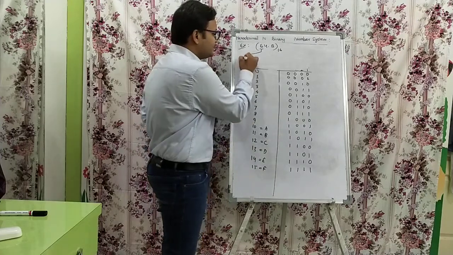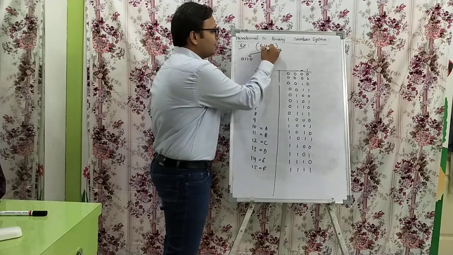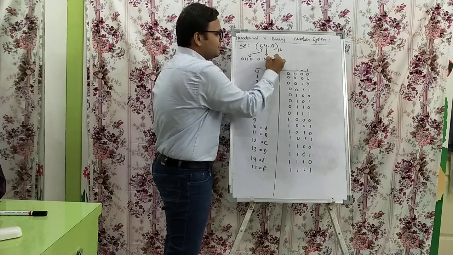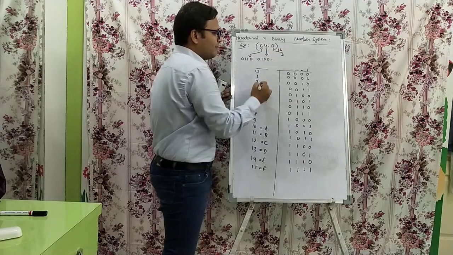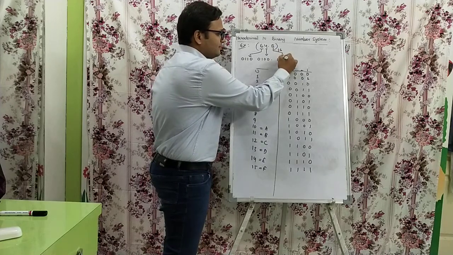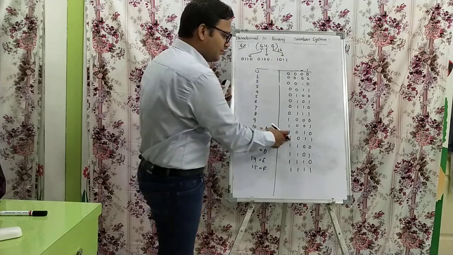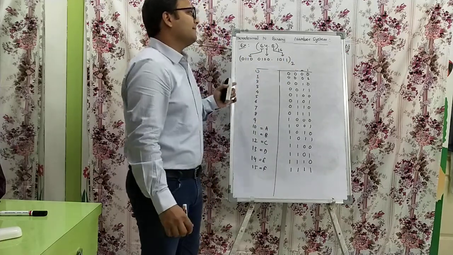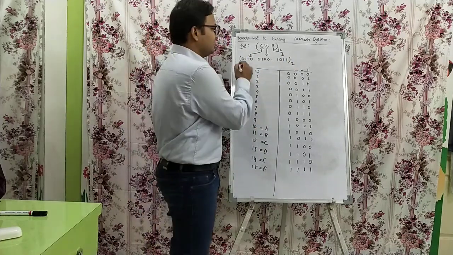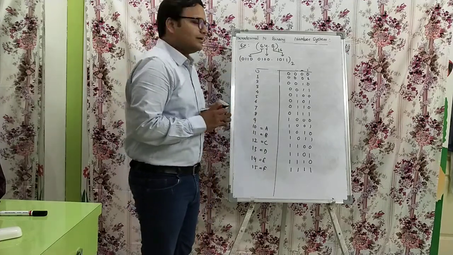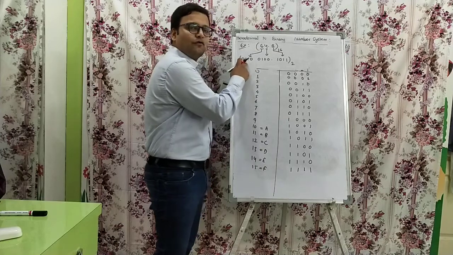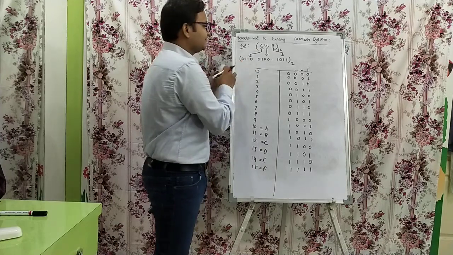So 6 is 0110, 4 is 0100, next the dot, B is 1011. This is the equivalent binary number. This is the way you can represent each hexadecimal digit as 4 binary bits.